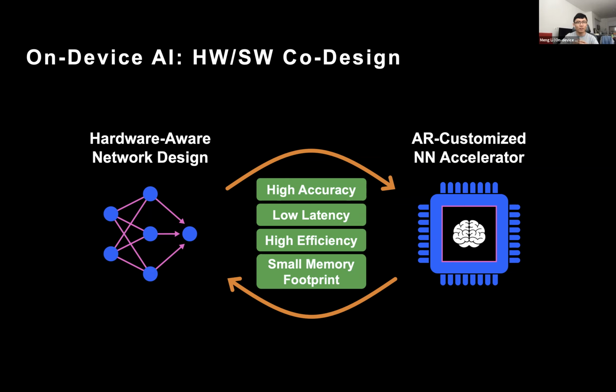The ultimate goal is to achieve higher accuracy, lower latency, higher efficiency, and smaller memory footprint. Previously, we have already talked about what the AR customized accelerator looks like, especially the heterogeneity of this accelerator. Now we focus more on the hardware-aware network design part.